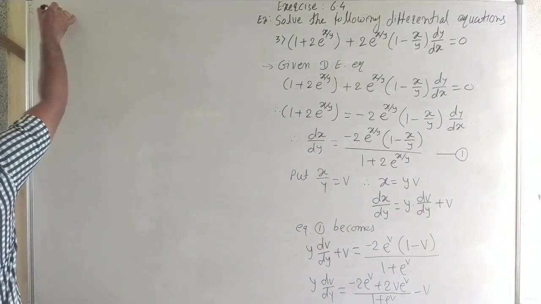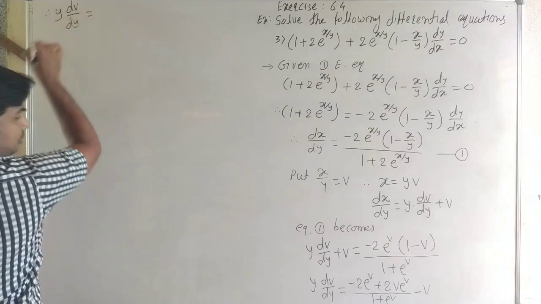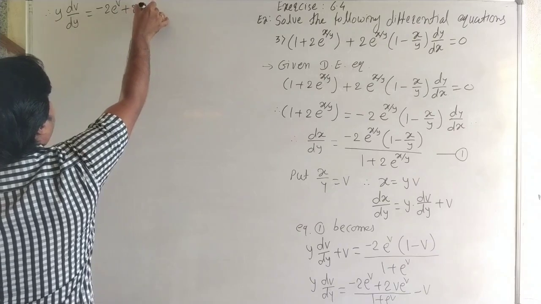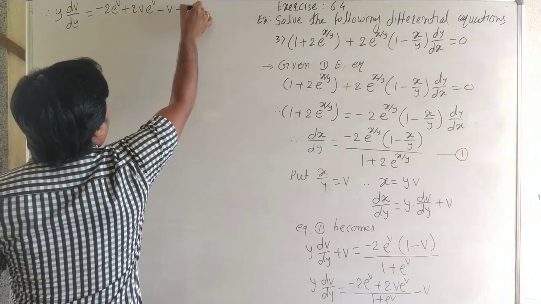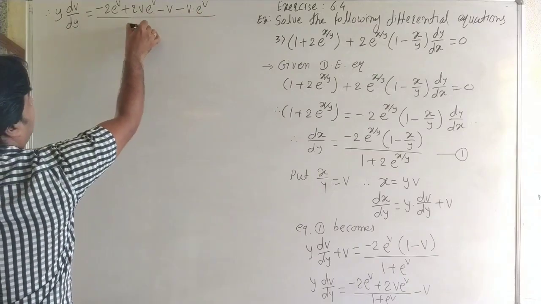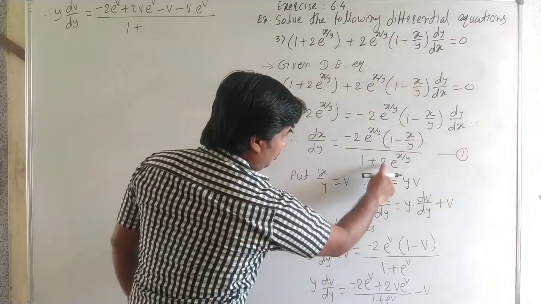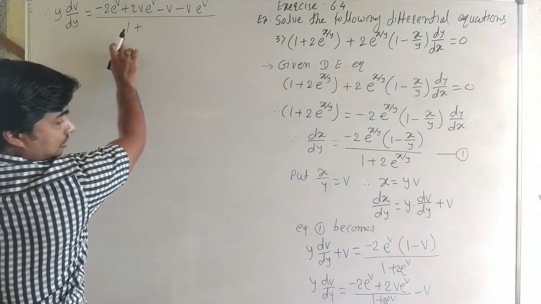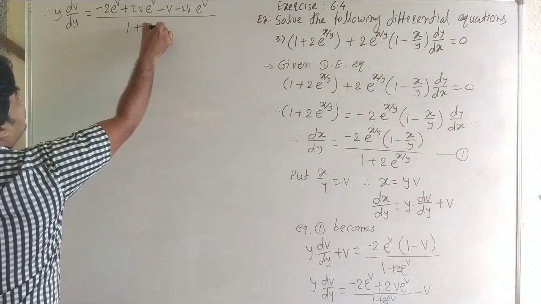Now y dv by dy is equal to minus 2 into e raised to v plus 2 v into e raised to v minus v and minus v into e raised to v upon 1 plus 2 into e raised to v.